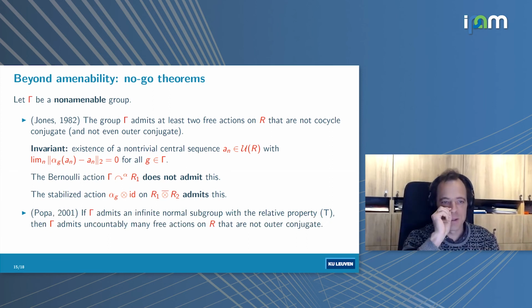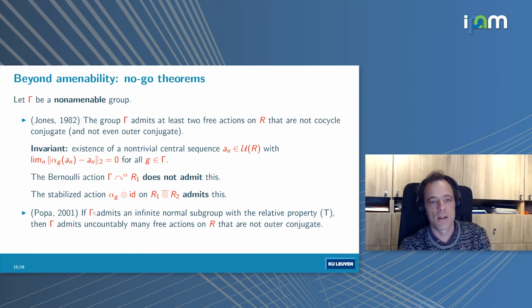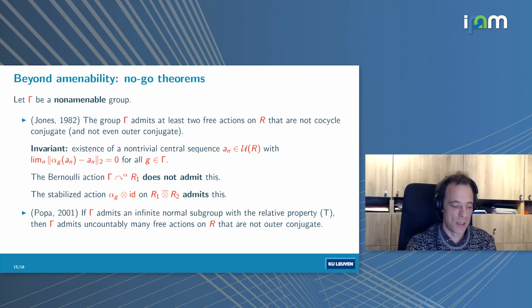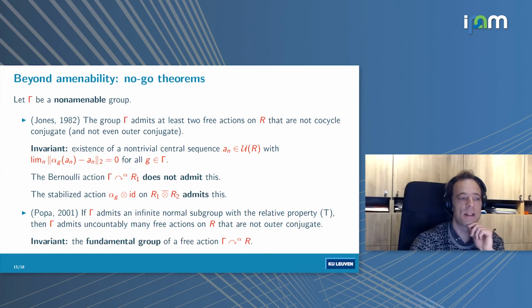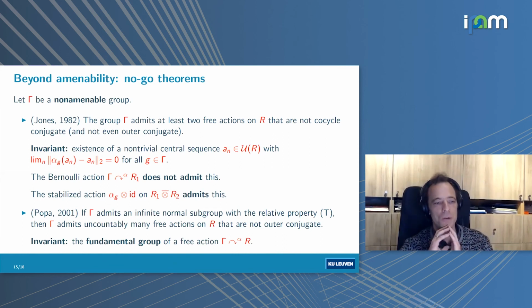Now, Popa went further, and for a class of non-amenable groups, again, the ones that we somehow met before, for instance, if Gamma has an infinite normal subgroup with property T, then there must be infinitely many, even uncountably many actions that are not outer conjugate. And the way Sorin did this is by another nice invariant that I think has been a bit overlooked.